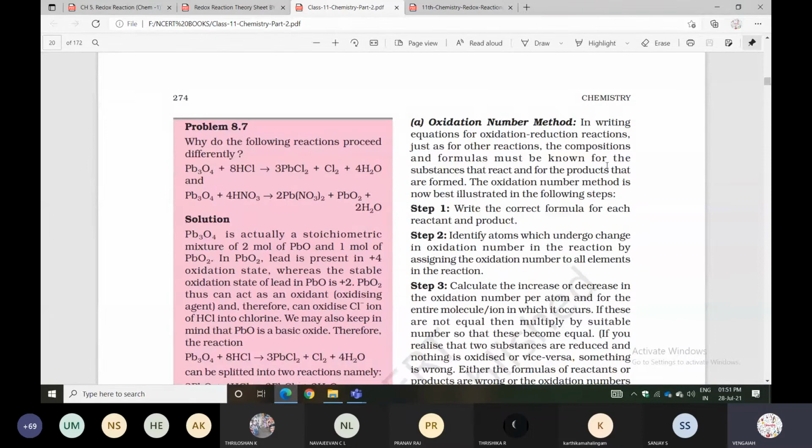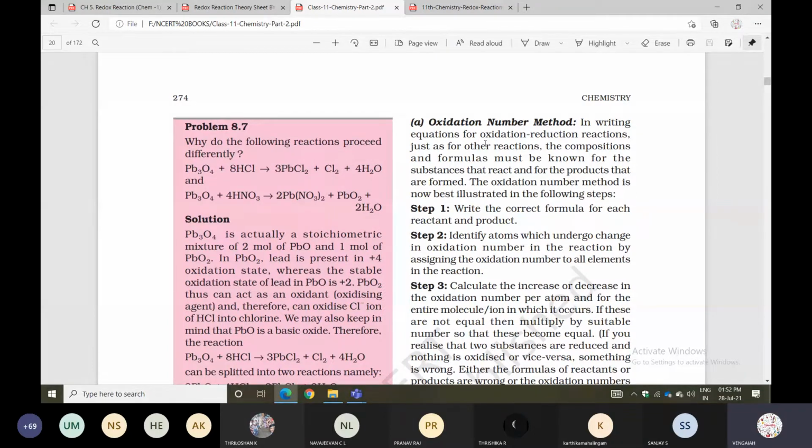Listen to what is given. In writing equations for oxidation and reduction reactions, just as for other reactions, the composition and formulas must be known for the substances that react and the products that are formed. The oxidation number method is described in the following steps.